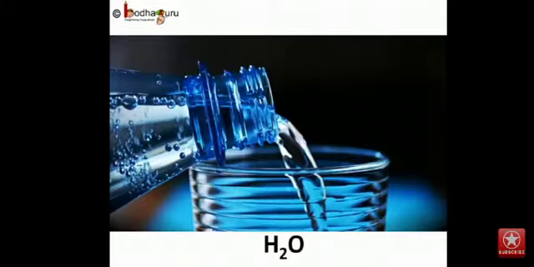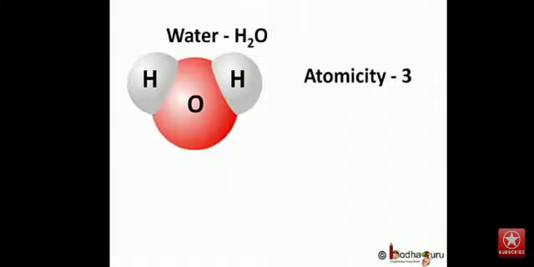Let's find it out. You know, the number of atoms constituting a molecule is called its atomicity. So, the atomicity of a water molecule is 3. Why? This is because it has a total of 3 atoms, 2 hydrogen and 1 oxygen atom.